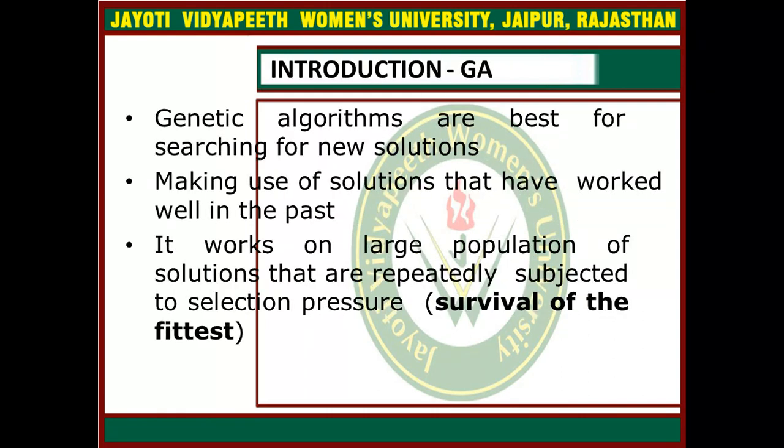Now come to the introduction of genetic algorithm. These genetic algorithms are best for searching for new solutions, making use of solutions that have worked well in the past. It works on a large population of solutions that are repeatedly subjected to selection pressure, that is, survival of the fittest.